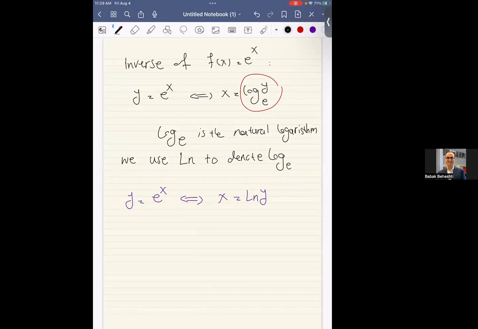Okay, so now what is ln of 1? Like all other logarithms, ln of 1 is also 0. I mean, log of 1 is always 0, basically.